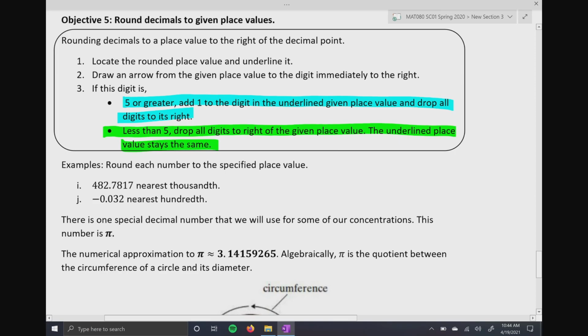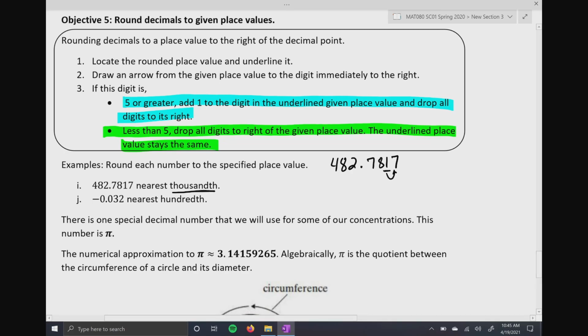All right? So here's how I do this. I'm going to write out the number. They want me to round to the nearest thousandth. So that position is occupied right there. The 1 is the thousandth. I look to the right. That number is greater than 5.